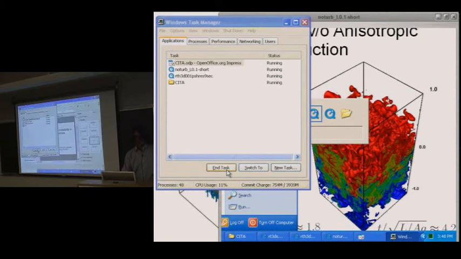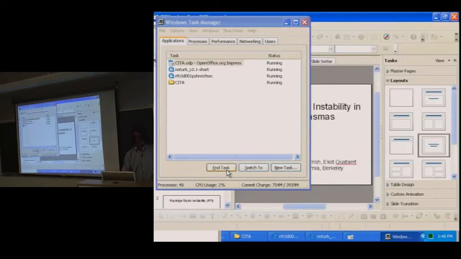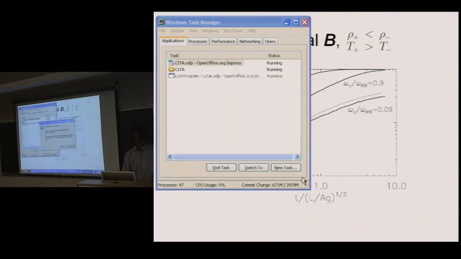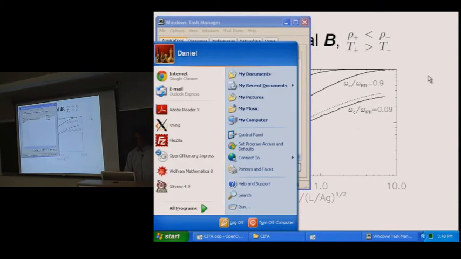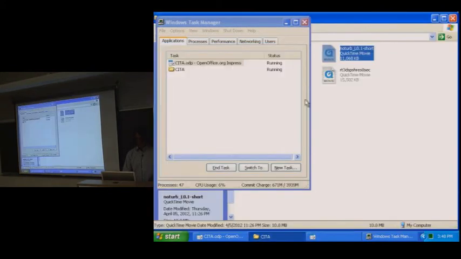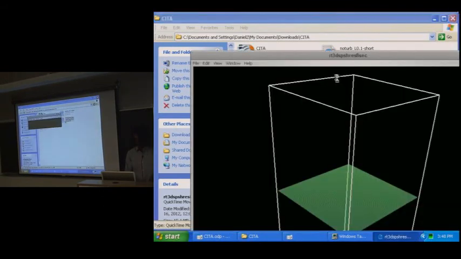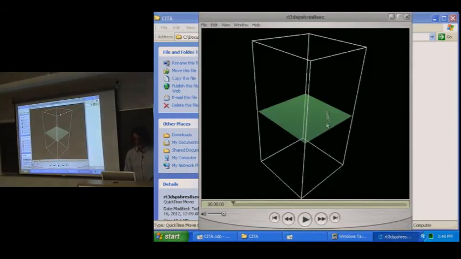What is all this? Sorry? It's actually an old computer, so this computer is very old, doesn't work so well. I guess this is a good argument now that I should get a new computer. Okay, so hopefully this works now.